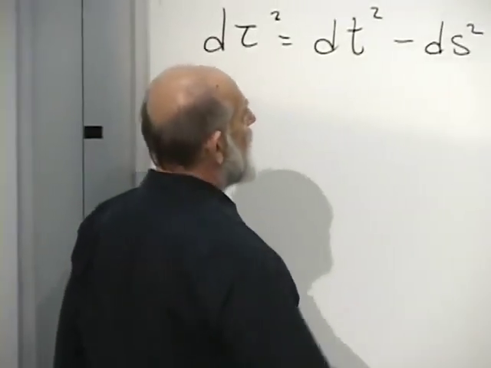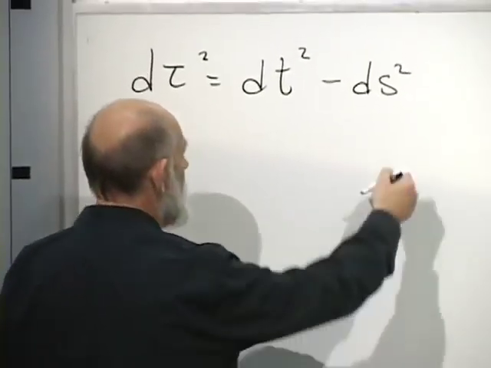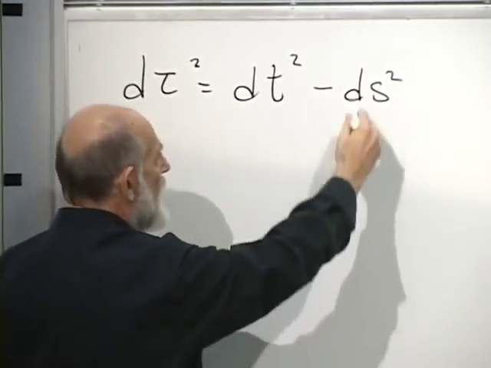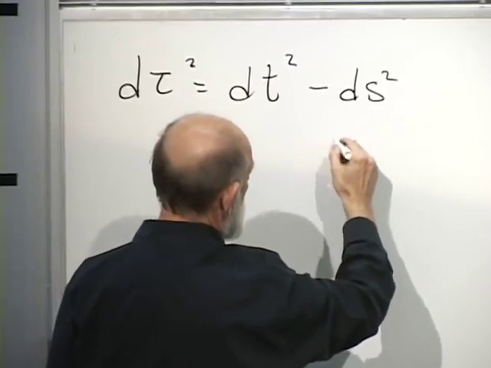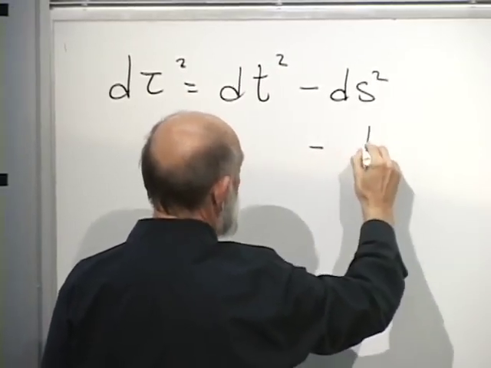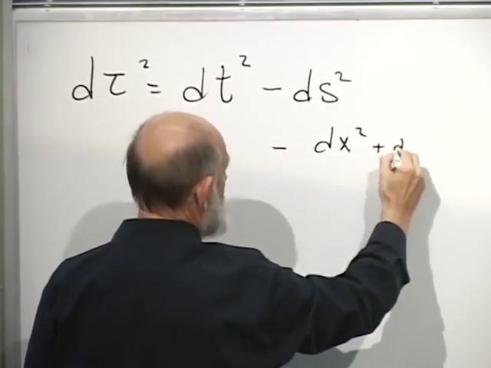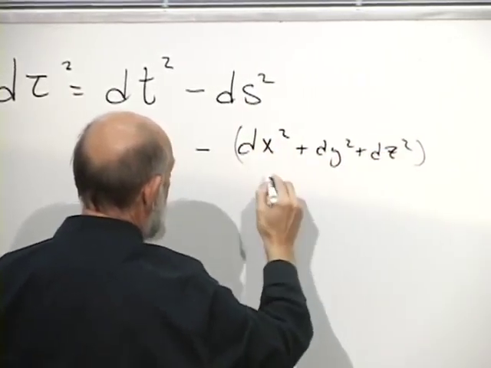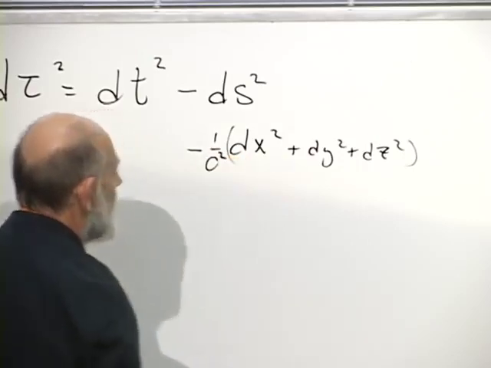In ordinary special relativity, if we introduce the speed of light into the story, this just becomes minus dx squared plus dy squared plus dz squared divided by c squared.